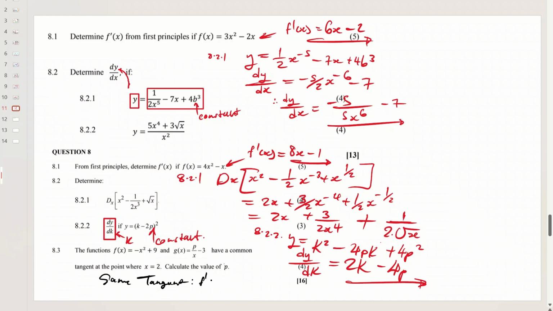The gradient of f of x at, let's say, I don't want to focus at x equals 2 because this point will keep on changing. So I'm just going to say at x equals a. So at a, the gradient of f of x and the gradient of g of x at x equals a, they are the same.